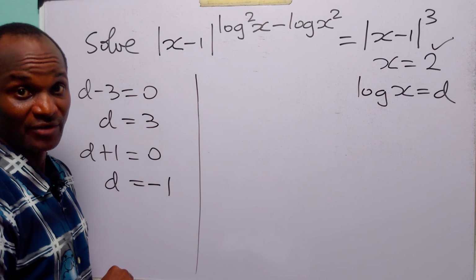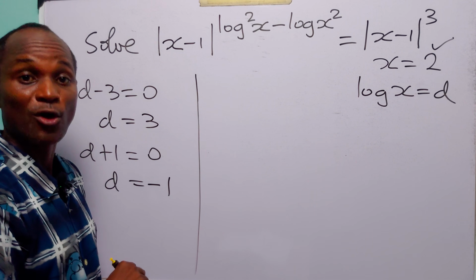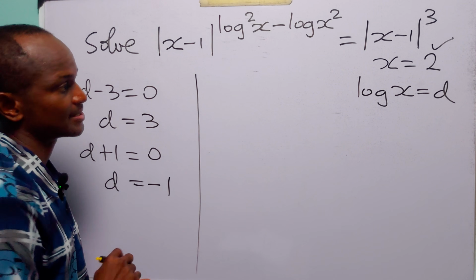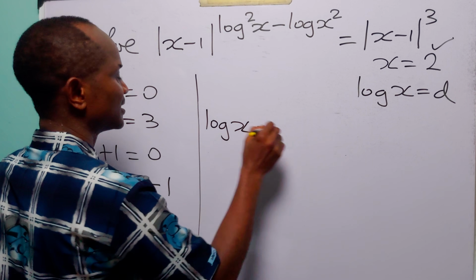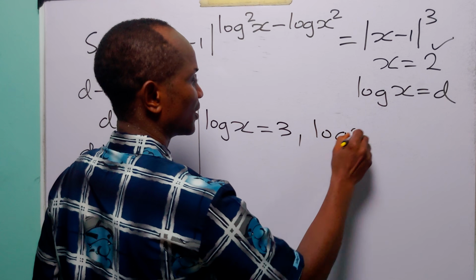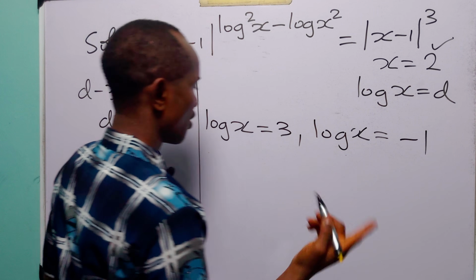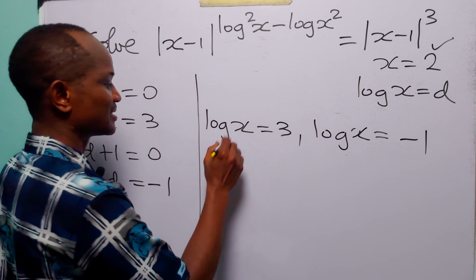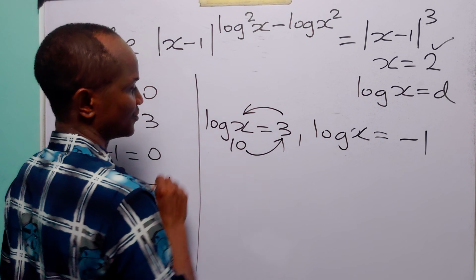And now that we have found the values of d, we go back to this substitution equation to find the corresponding values of x. From here, we have that log x is equal to 3, or log x is equal to minus 1. Of course, you know that this simply means that 10 to the power 3 is equal to x.